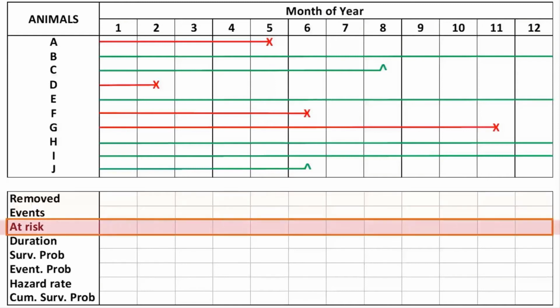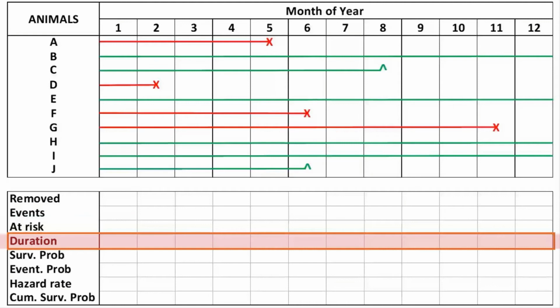In the at-risk row is shown the number of animals at risk during a particular month, and animals which have died in the previous month or were withdrawn at the end of the previous month are to be subtracted. In the duration row, it's represented the length of the respective follow-up interval, and in our case it's 1 month.